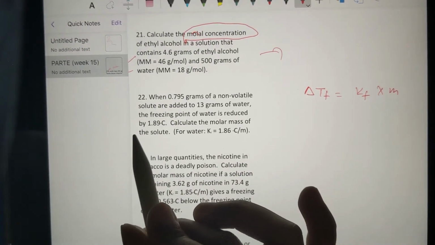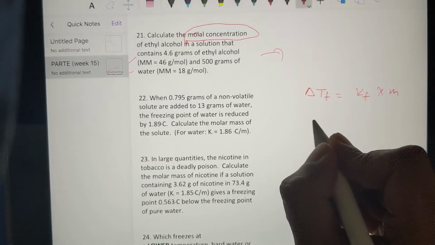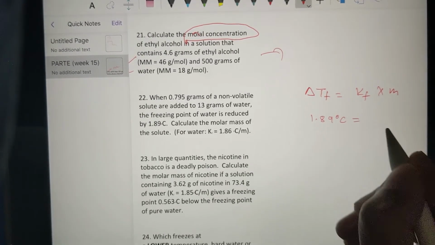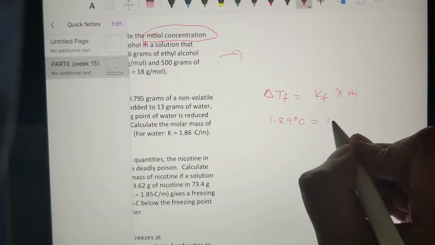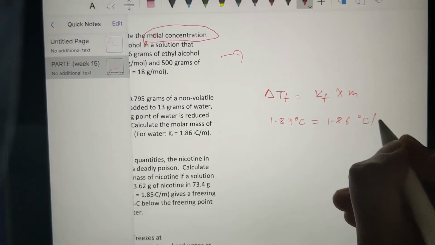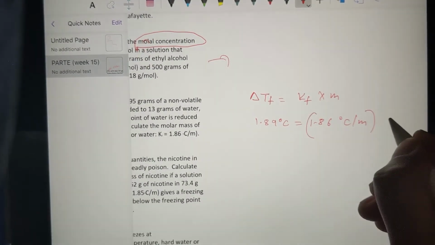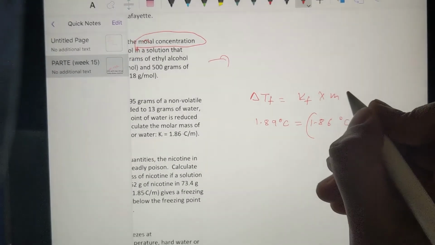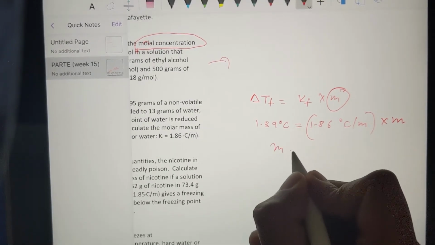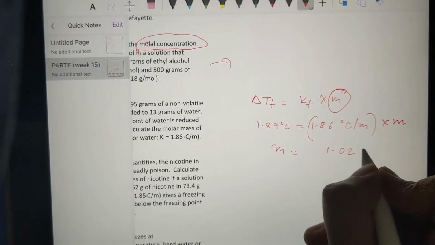Okay, so here your delta Tf is 1.89, Kf is 1.86, and your m is the molality of solute. So if you solve this, you're gonna get 1.02 m.